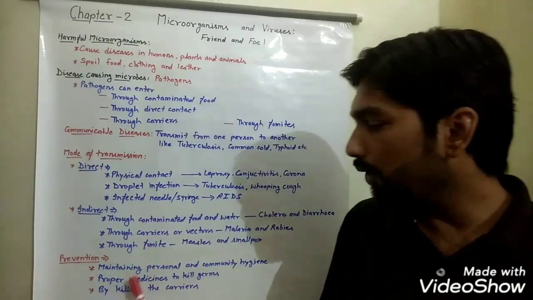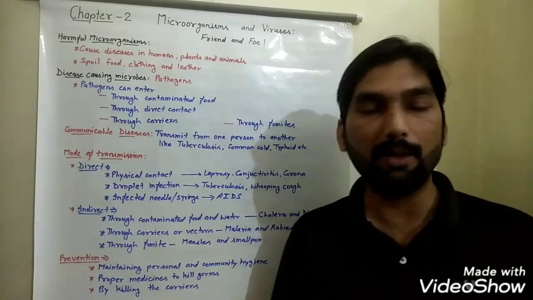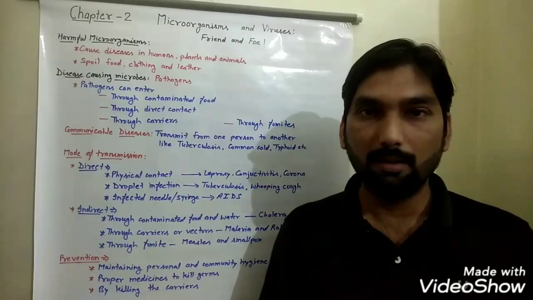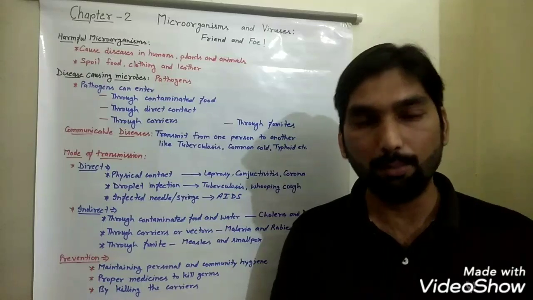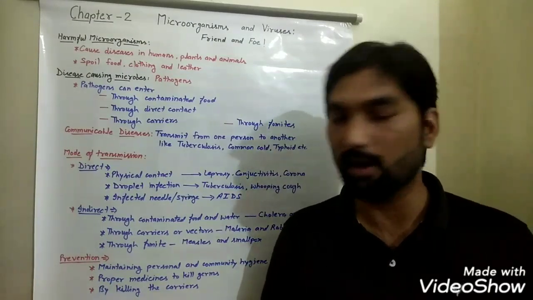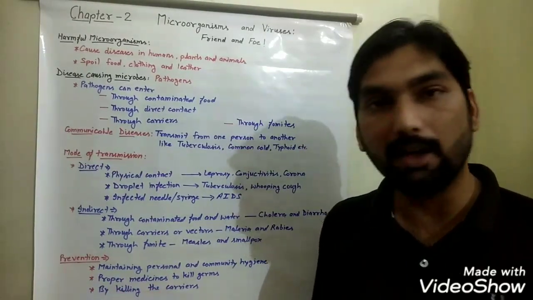Next one is proper medicines to kill germs. If any person is infected by these communicable diseases, then that person must take proper medication in consultation with a professional doctor, to get rid of the disease. And the last one is killing the carriers.